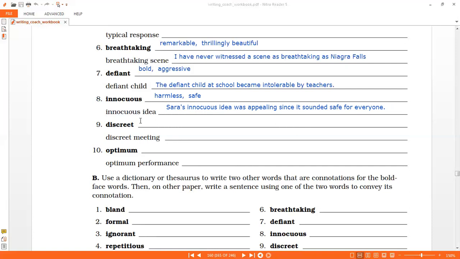Next is discreet. Discreet is something that is very polite and very careful, obedient, or wise.